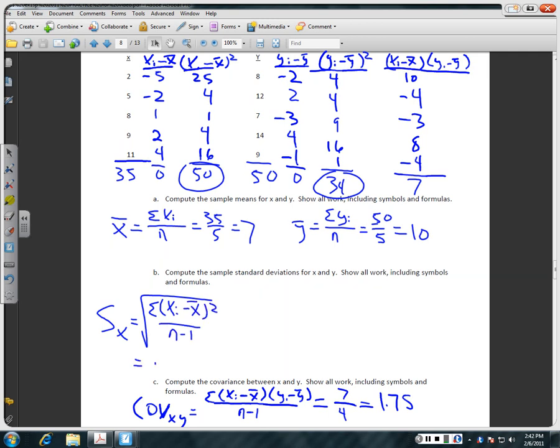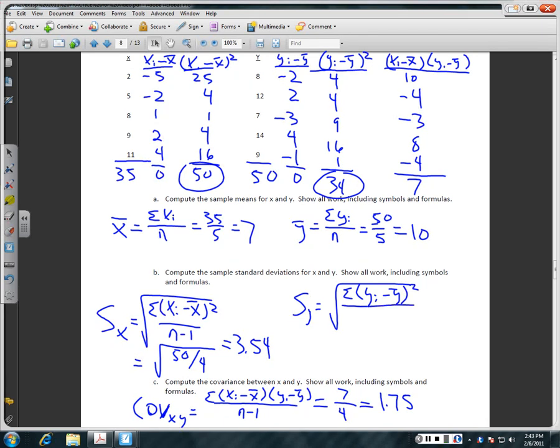And that's equal to the square root of 50 divided by 4. And that is 3.54. And the standard deviation of the y's, same thing except for y sub i minus y bar, the sum of the squared deviations around y divided by n minus 1. The square root of 34 divided by 4, and that is equal to 2.92.